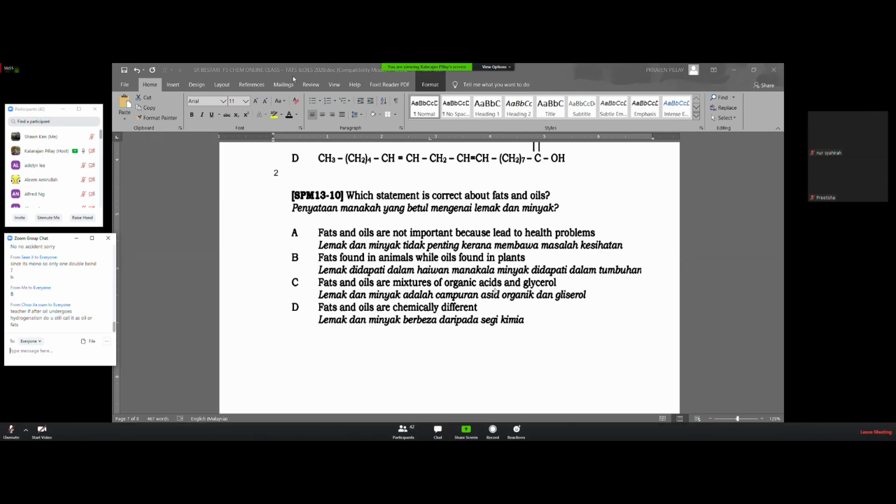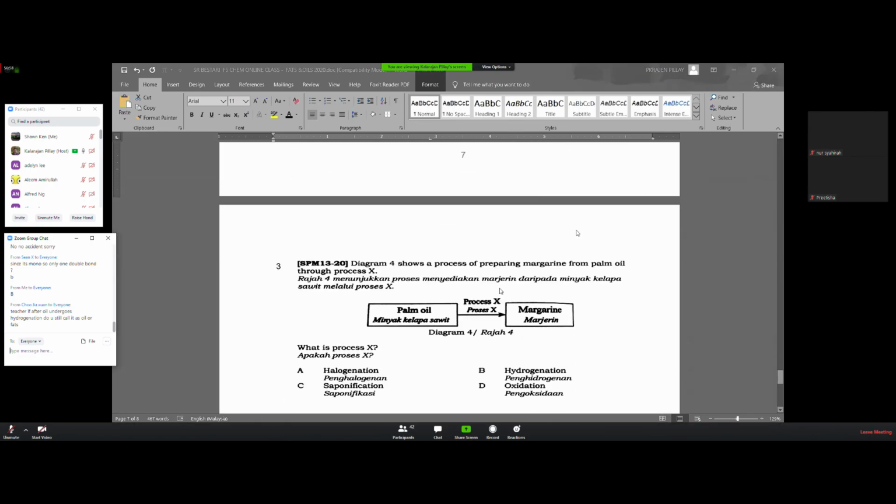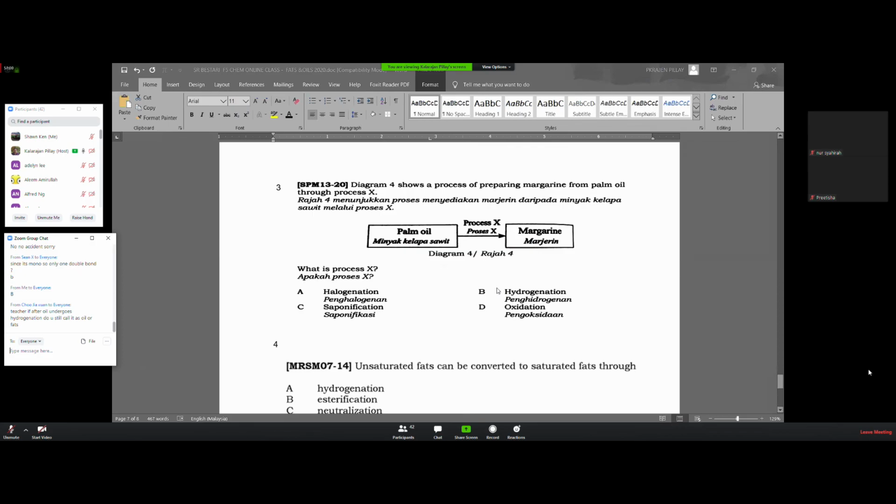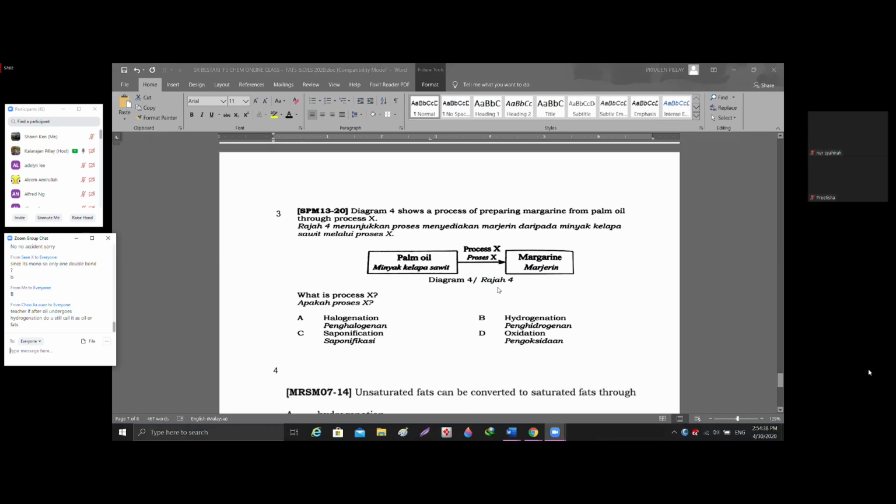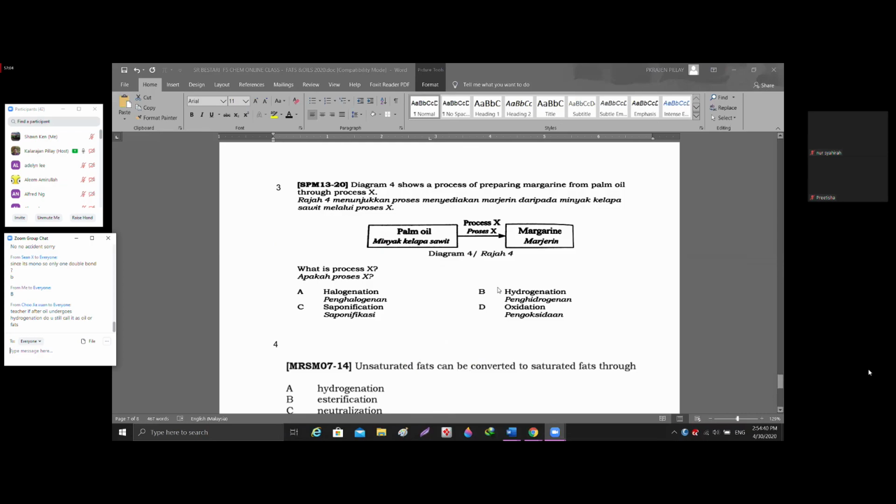Then we go to number 3 now. There are 2 more questions, then we can call it a day. Diagram 4 shows a process of preparing margarine from palm oil. I told you just now, margarine, palm oil, minyak kelapa sawit, you get margarine. What is process X?